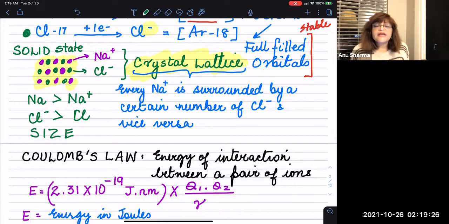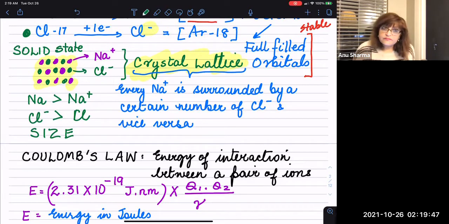So what happens when it experiences that repulsion? The electron cloud expands. So the size of the chloride ion is going to be bigger than that of the neutral chlorine atom.